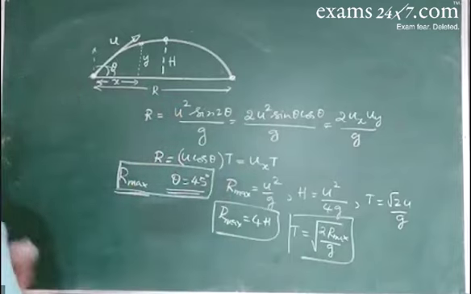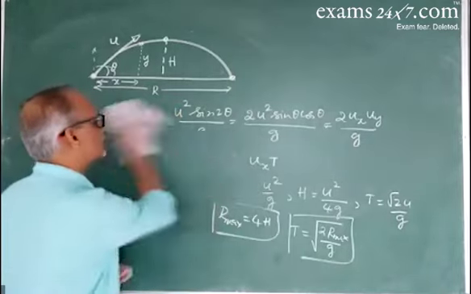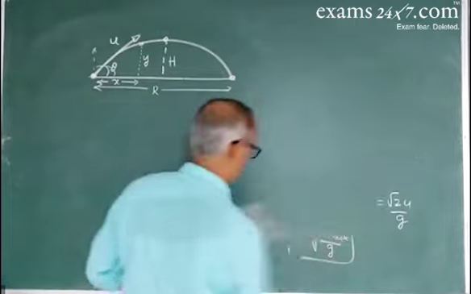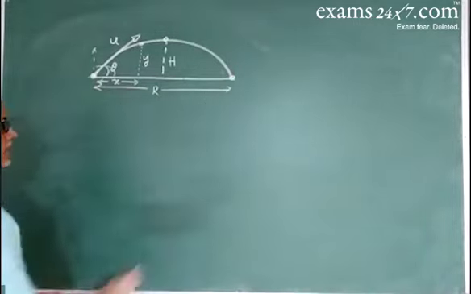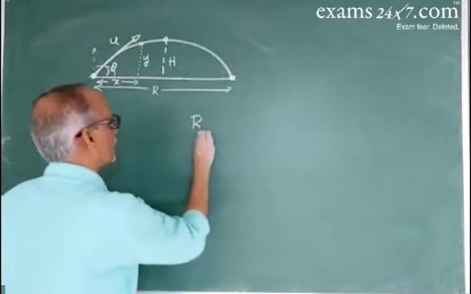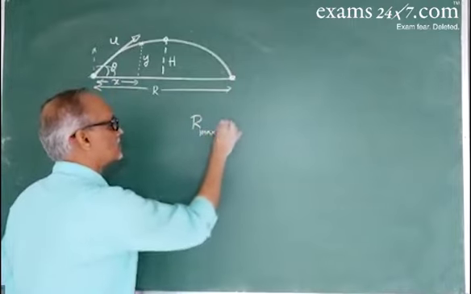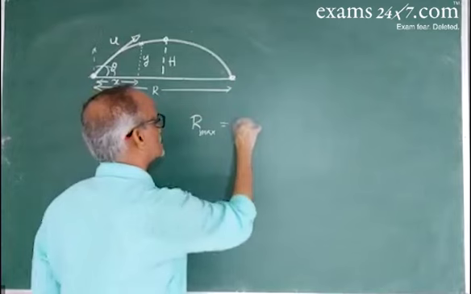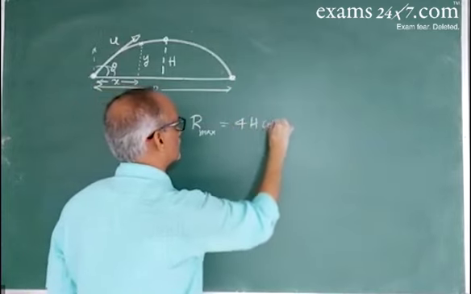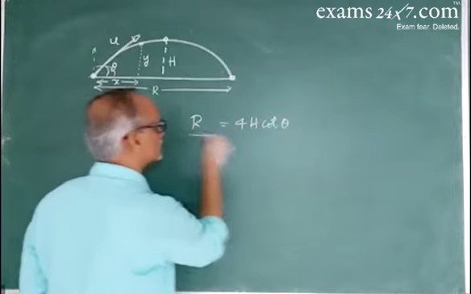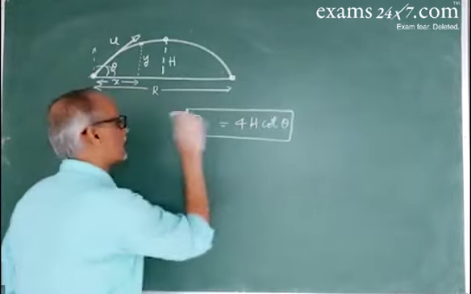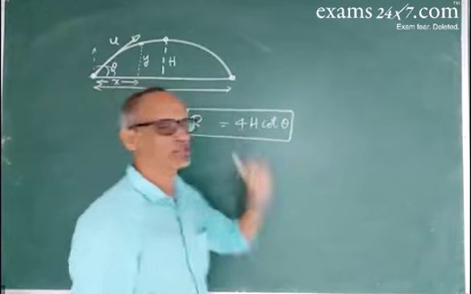Now there is a relation between the range and the height covered. That is, R is equal to 4h cot theta. Now this is the relation between the range and the height.